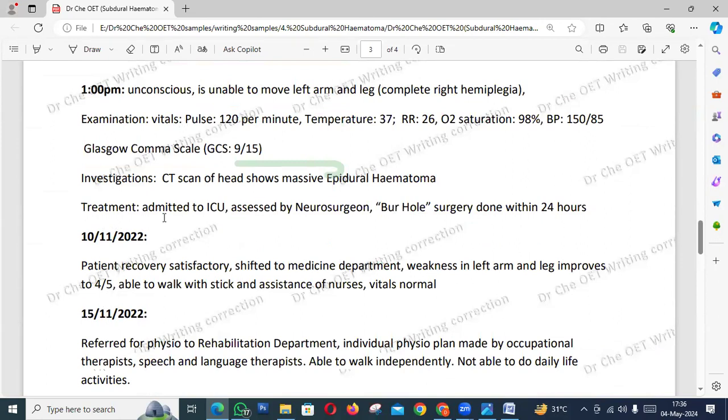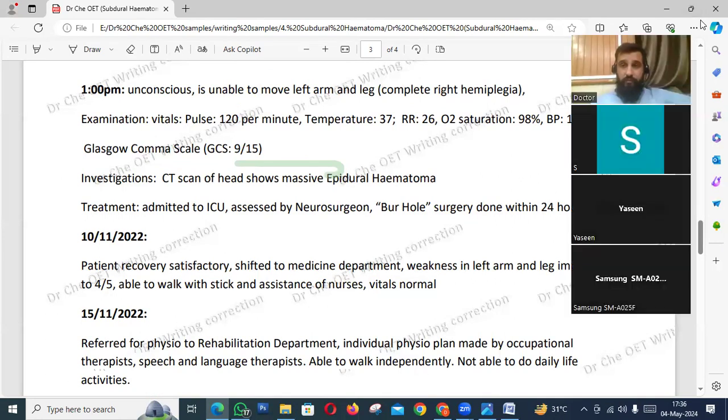All of these things, do you think it is important to mention all of these things to the GP? What happened with the patient? Why are you writing this letter to the GP? Rehabilitation, what was the plan?